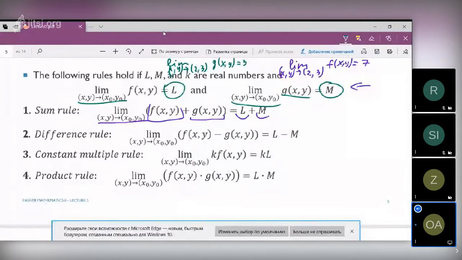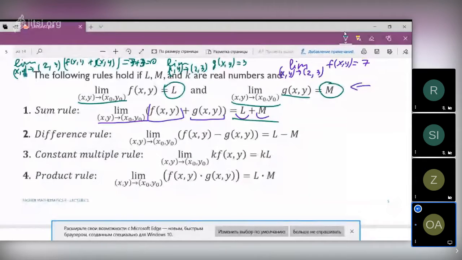So the first rule says the limit xy tends to 2 and 3 of f of xy plus g of xy will be 7 plus 3, which is 10. That is the sum rule.